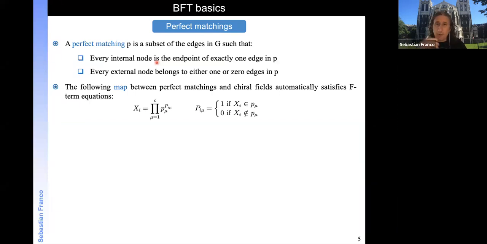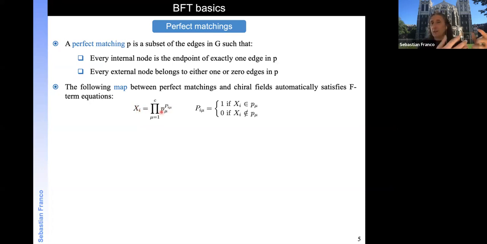And there is a natural map that goes back to the old days of dimer models that we are going to use here, between perfect matchings and the bifundamental fields in the quiver. It's very useful to think about every bifundamental field in terms of the perfect matchings, where you include a perfect matching here, meaning you have an exponent 1 if that perfect matching contains a given chiral field.